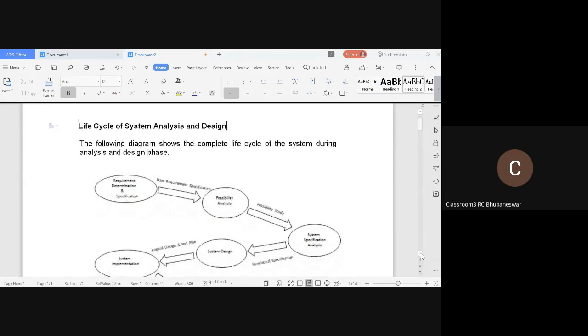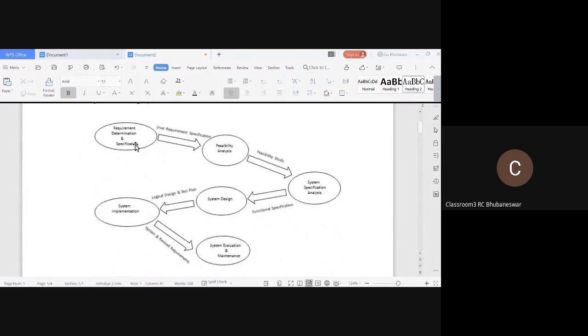This was our first phase, requirement. Visible, or shall I increase the font? Can you hear me? Am I audible?